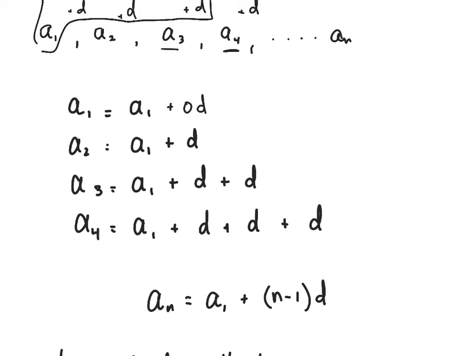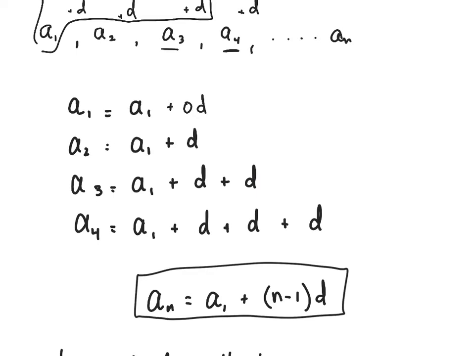For example, the fourth term, we added 3 common differences. 3 is 1 less than 4. So this is what's known as the nth term of an arithmetic sequence. We need to know the first term, and we need to know the common difference in order to write the nth term.